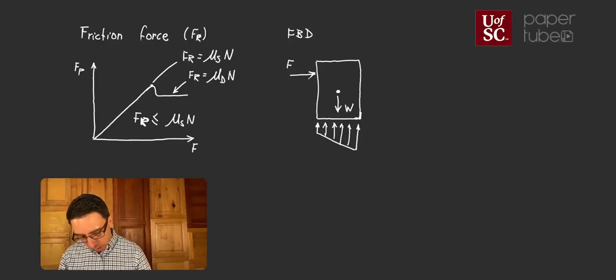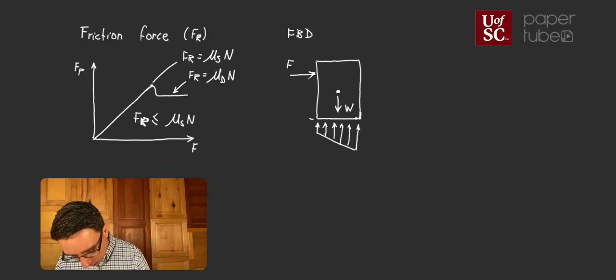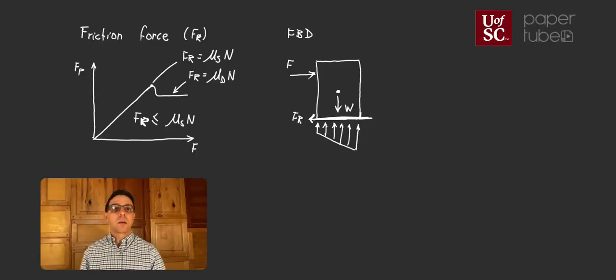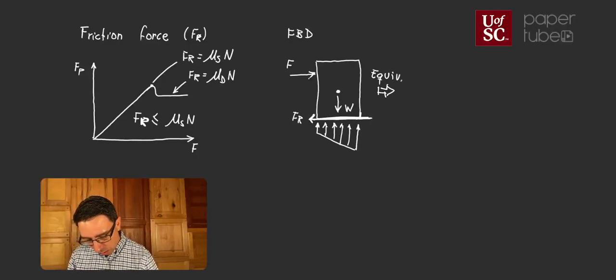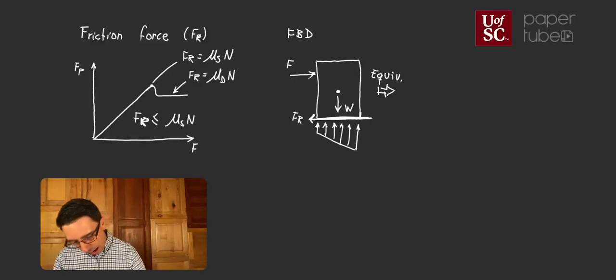And then in addition to this, we're going to have our friction force. I'm going to draw it a little bit longer than the bottom just to make the point that the force is right there. That's going to be my friction force. Now, I can look at an equivalent point load of that normal force, and what we end up having is something like this.